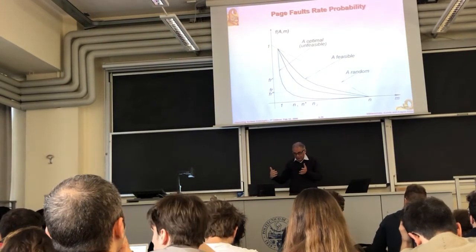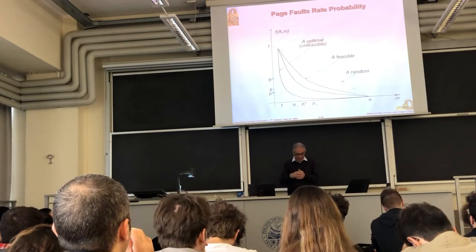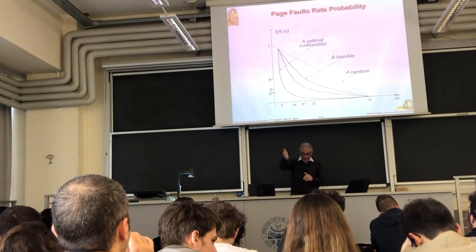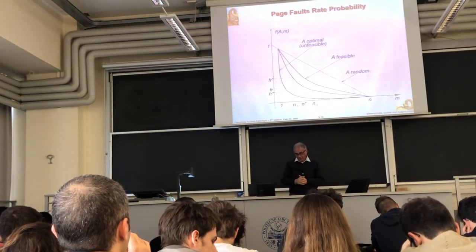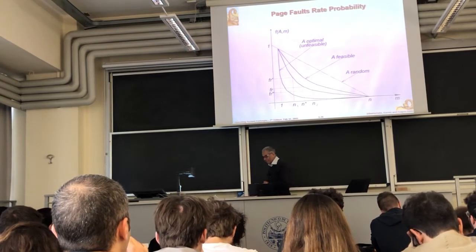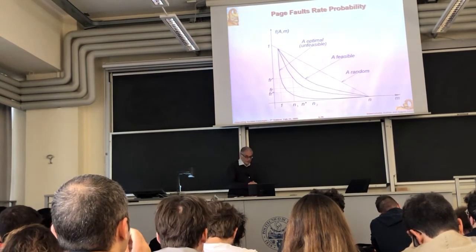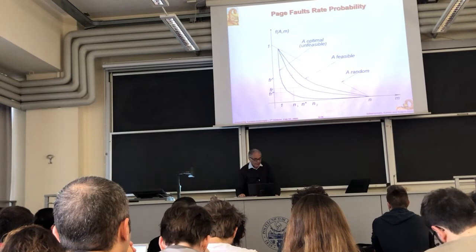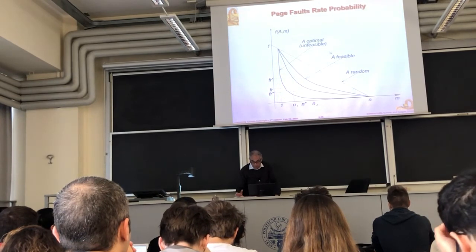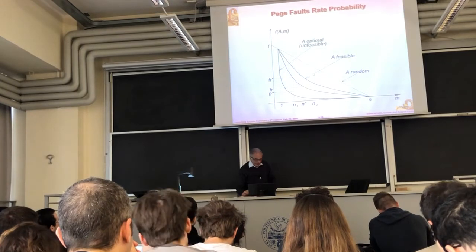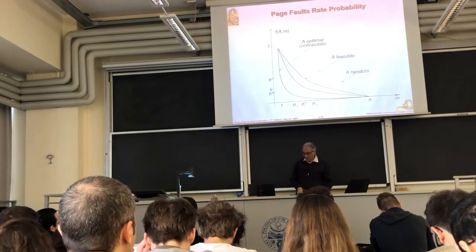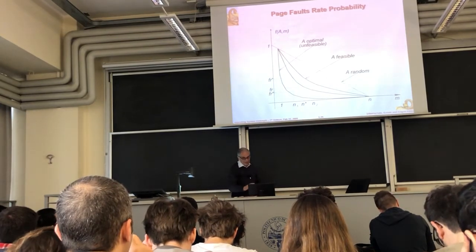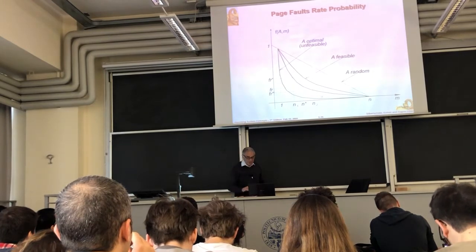So if I know the future, I can select as a victim something that, for example, will not be referred to, or will be referred to far in the future with respect to the other pages. So this is the optimal behavior that is unfeasible because we don't know the future. But using normal algorithms, we can approximate the optimal algorithm, having this kind of behavior.